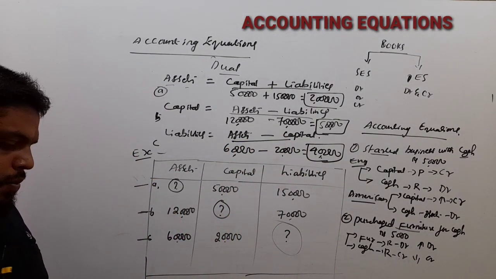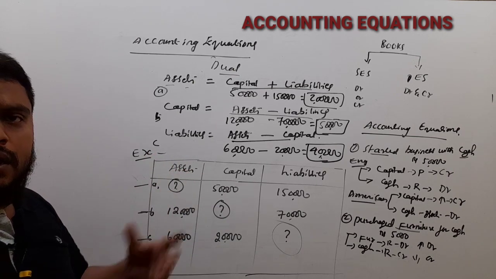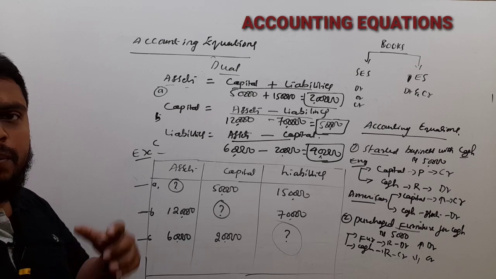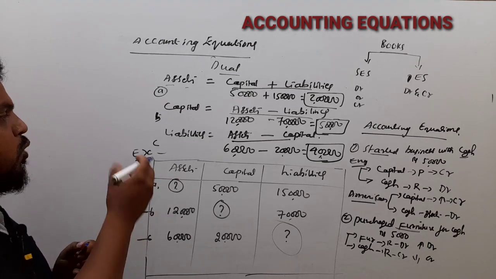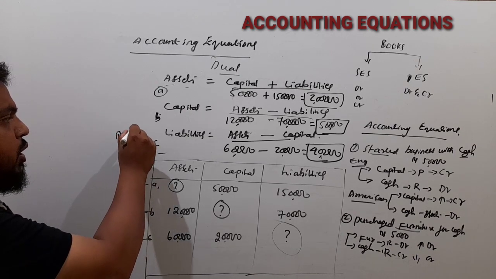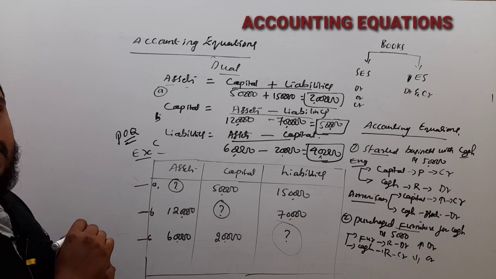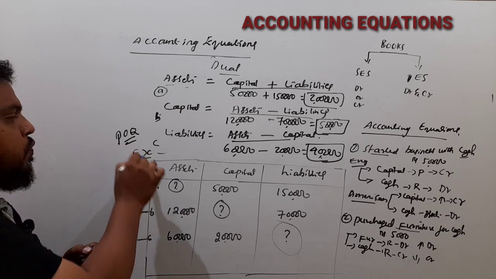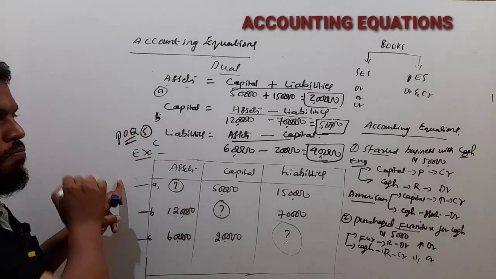So this is one of the basic concepts for +1, and this is important for the practical oriented question, POQ, as per the Karnataka board. This is a practical oriented question for 5 marks.